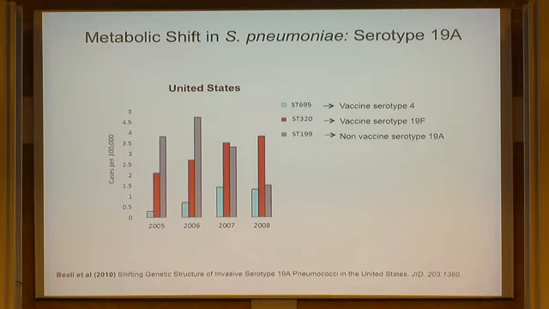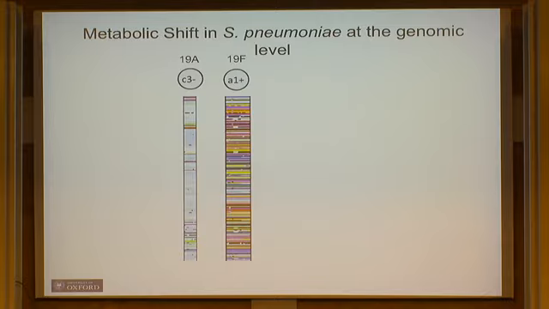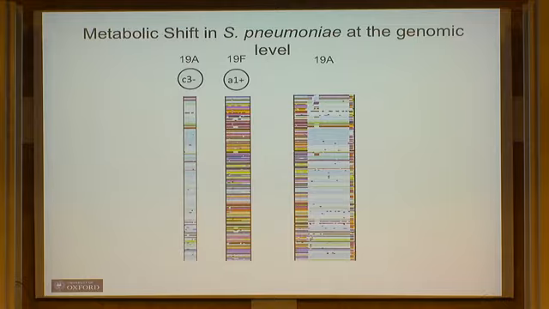So that's what we think possibly underlies this observation that serotype 19A has acquired the STs that belong to serotype 4 and 19F, and you can actually also see that in this whole genome analysis.